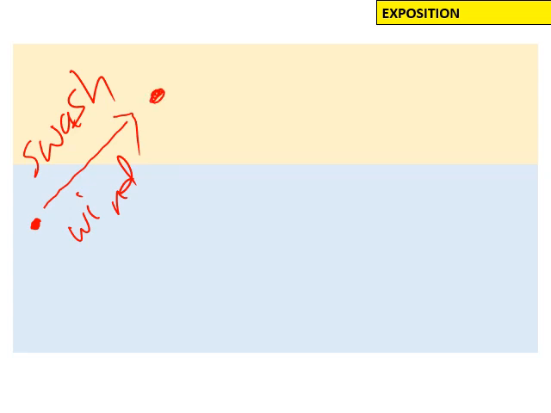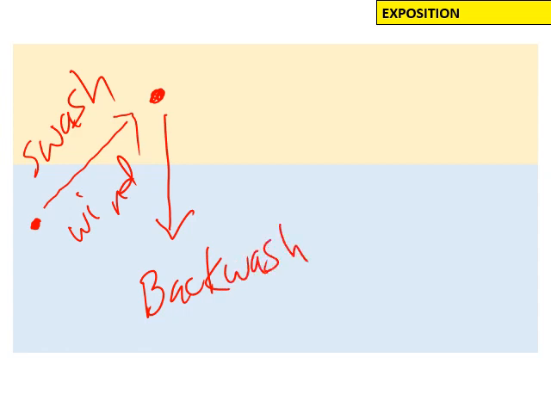And now I've got sediment on the beach, a piece of sand. That piece of sand travels back into the sea by the backwash, and that is due to gravity. Gravity pulls that backwash back into the sea, and my piece of sediment, which started up over there, is now over here. That continues at an angle.